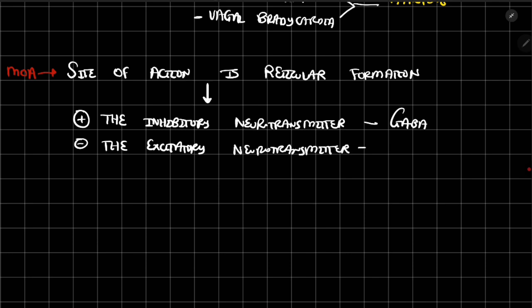The examples are glutamate, acetylcholine, and many such, NMDA. So these excitatory neurotransmitters are inhibited, and the inhibitory neurotransmitters are activated. So this is the mechanism of action.